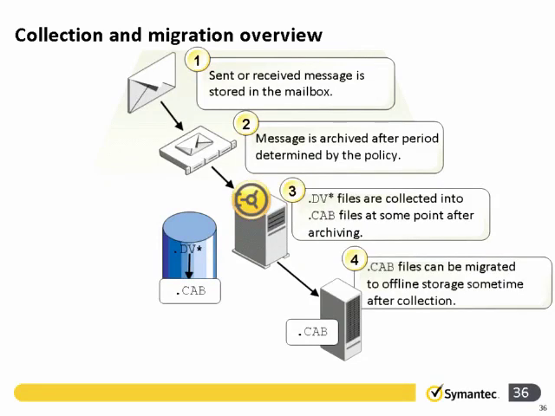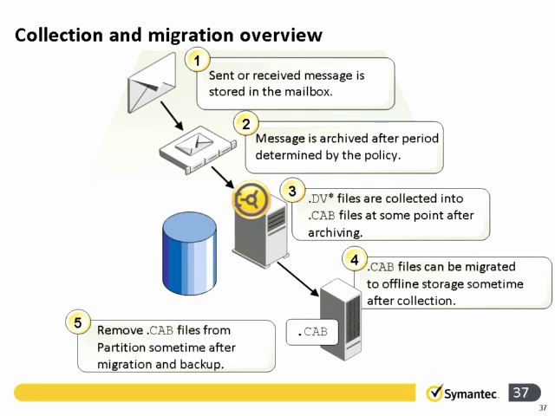After some period of time of archiving, I can collect those into a cab, and then I can take those cab files and migrate them to offline storage after some period of time. And after a longer period of time, I could even decide that I don't need to have that cab file on the main storage and move it to an offline storage location.